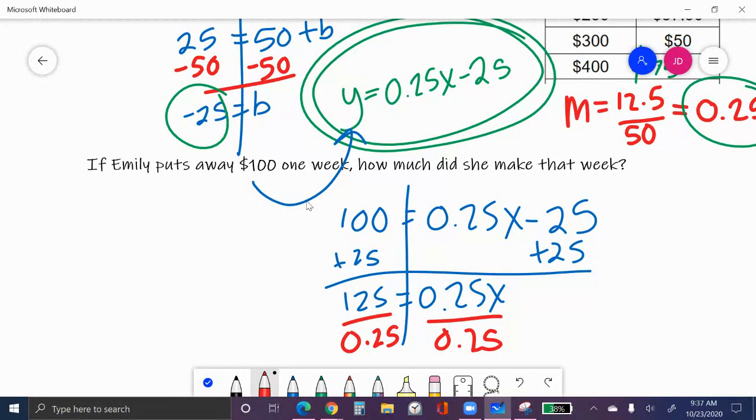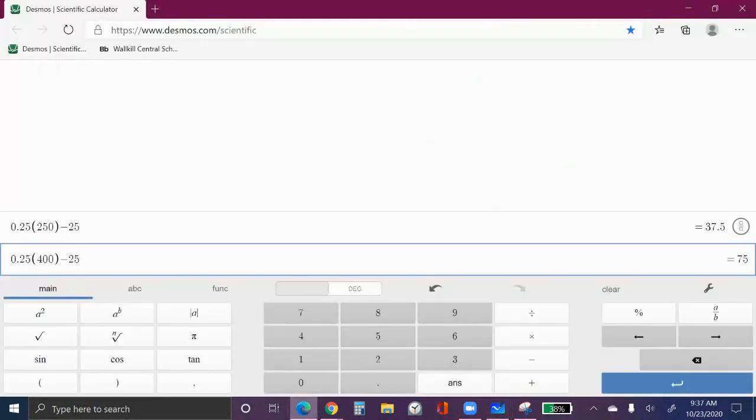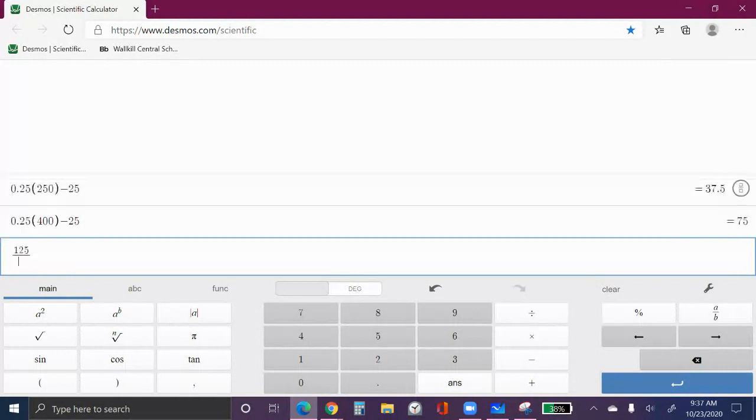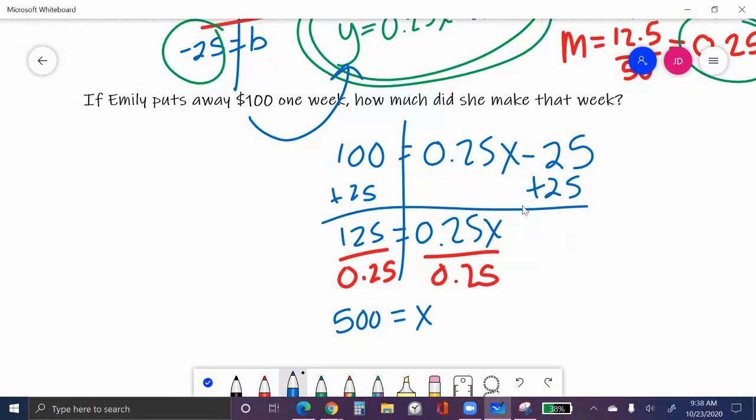We get 125 divided by 0.25, which is 500. So how much did she make that week? She made $500, or just 500.